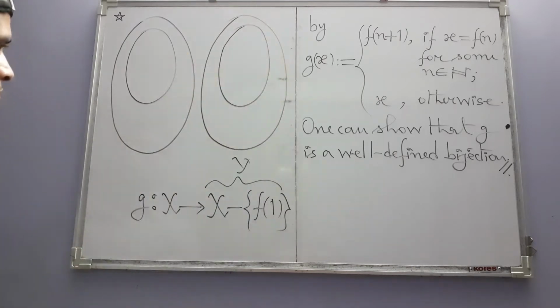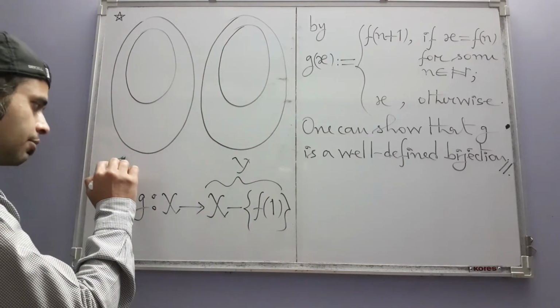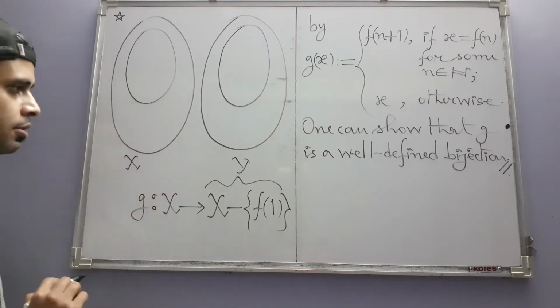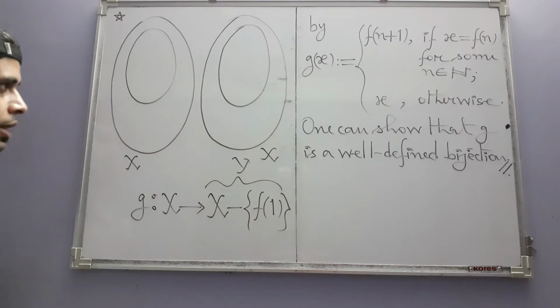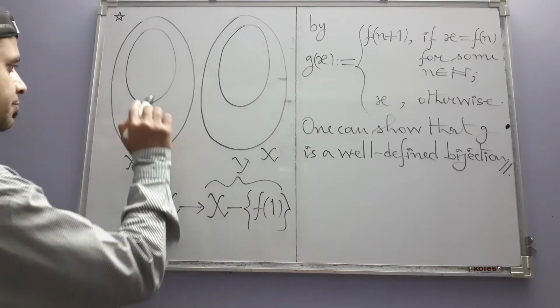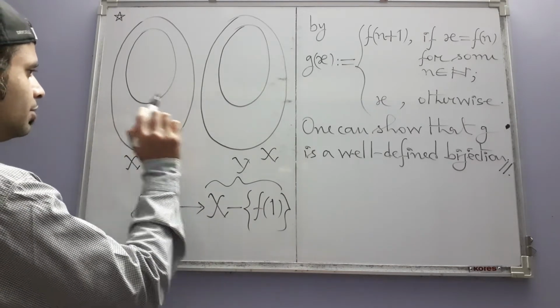Okay, so this is our X, and this is again X, another copy of X. Inside X we have B.